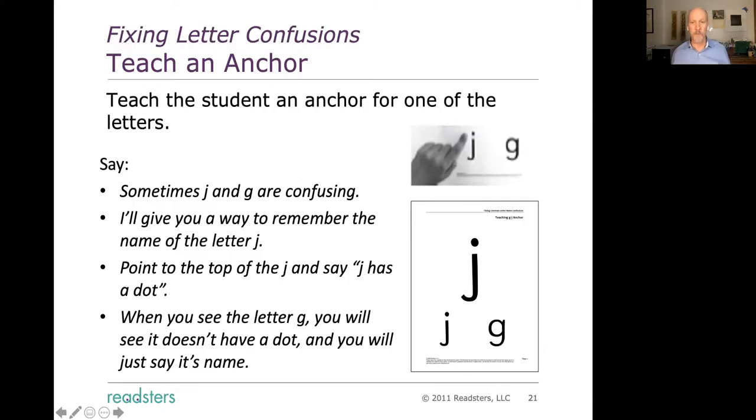In this case, we use J, and the anchor is that the student points at the dot over the J and says, J has a dot, J. When they get to a G, there's no dot, so they just simply name the letter G. They know it's not a J because it doesn't have a dot, and that's the practice they're going to do.